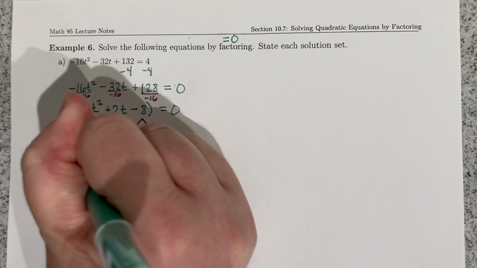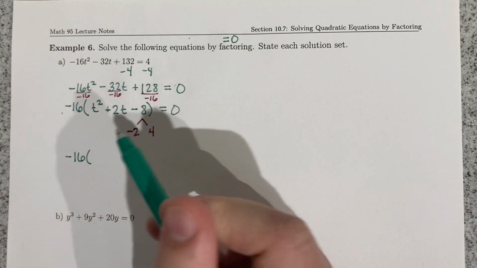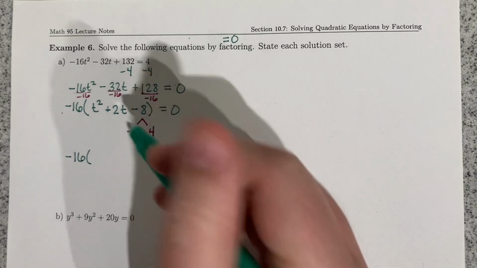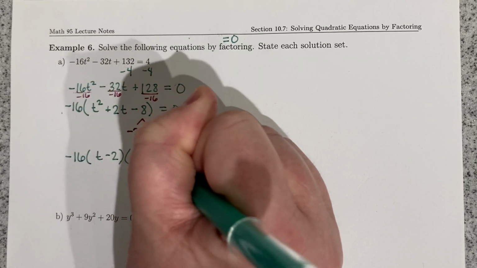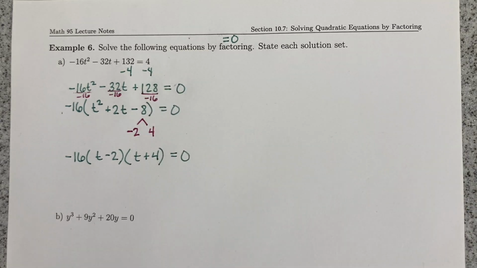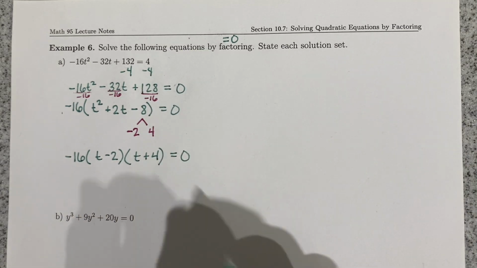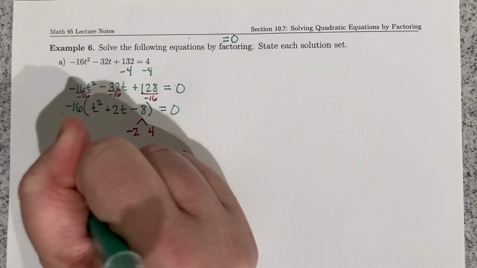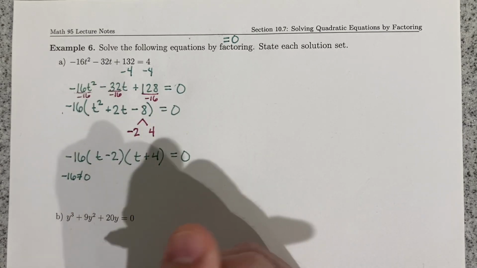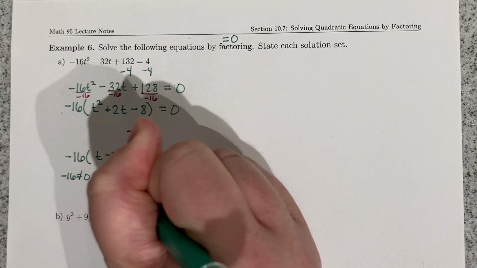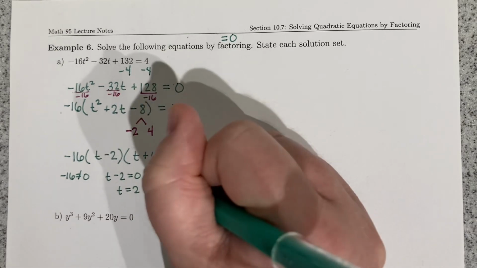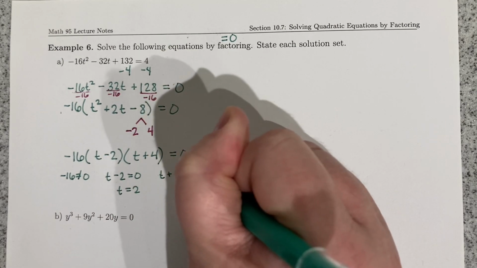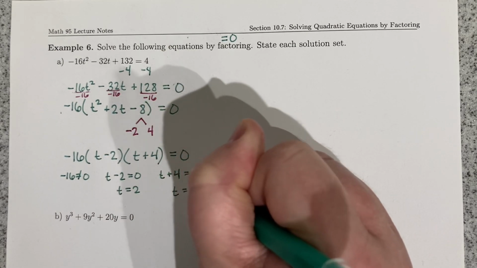The GCF of negative 16 is still there. This is an AC method, so I don't need to do the split the middle. I can just go straight to t minus 2 times t plus 4 equals 0. Setting each factor equal to 0, negative 16 can't be 0, but t minus 2 equals 0 when t is 2, and t plus 4 equals 0 when t is negative 4.